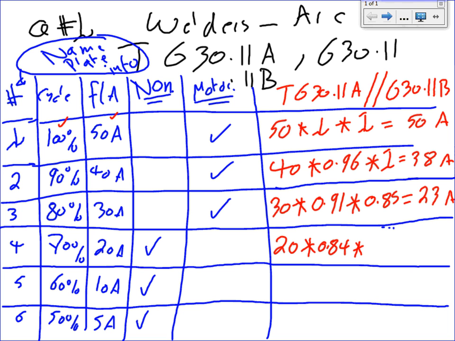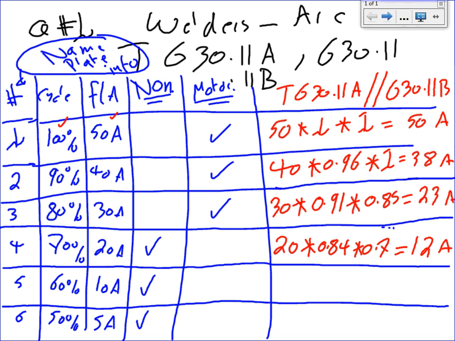Third plus 70% of the fourth largest. Is 20 the fourth largest? Yeah. So it's going to multiply by 0.7. What would that give you? How much? 12. 11? Yeah, 12. 12 amps. Okay.